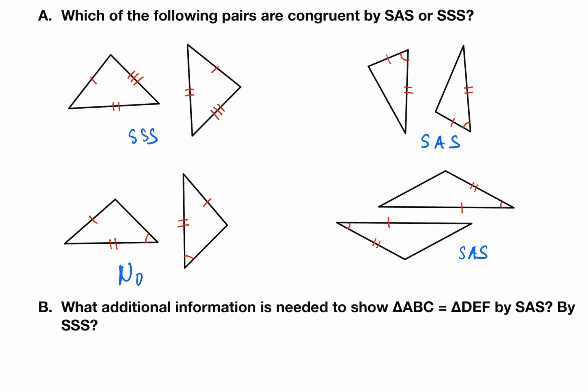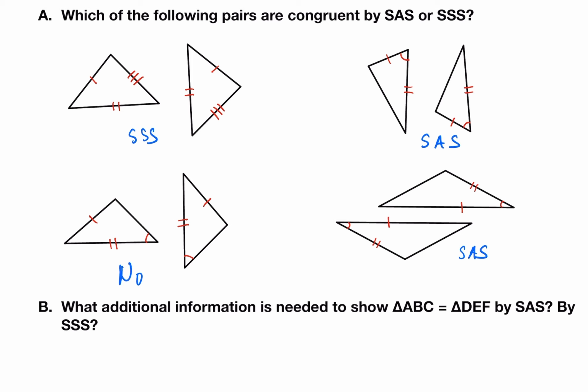Okay, and then the next question here is, what additional information is needed to show that triangle ABC is congruent to triangle DEF by side? So what it's asking is, for the pair that is not congruent, what will we need for those to be congruent by side?